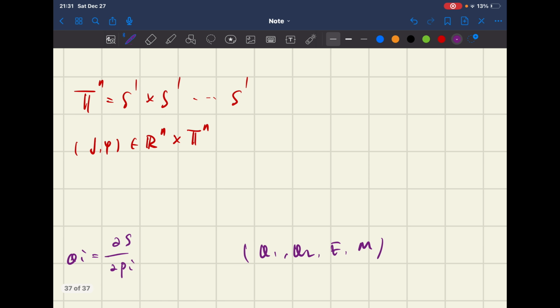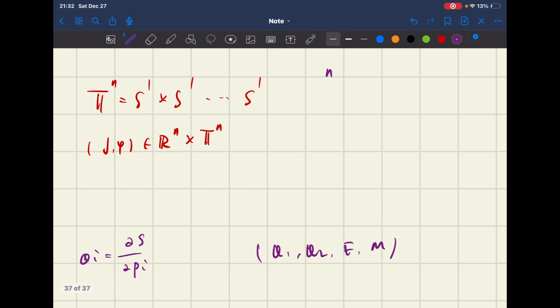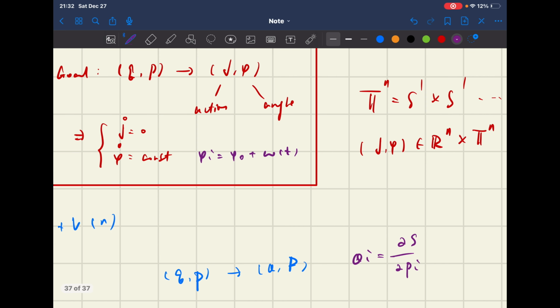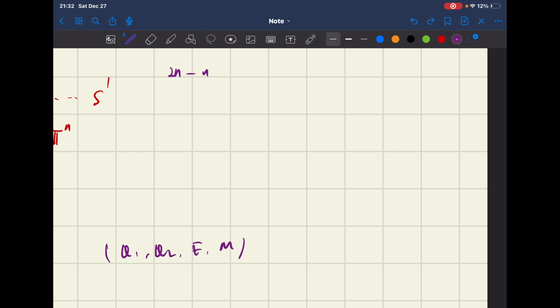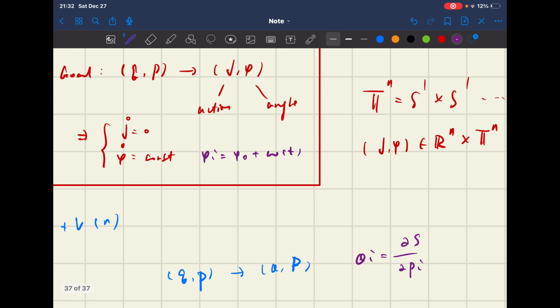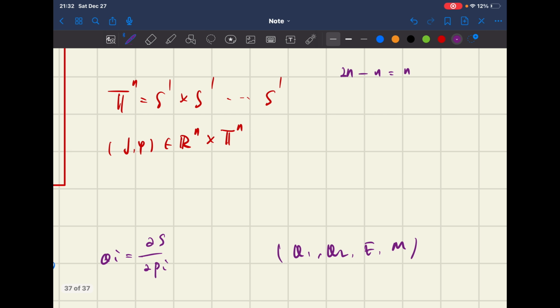If you have n action variables and n angle variables, you have a total of 2n variables, and n of them are fixed, because the derivative is 0, so they are constant, but the rest of the n are doing periodic motion on the new phase space. Since it's periodic, you could abstract it into a circle, which is S1. So if you put all these S1 together, you obtain an n-dimensional torus.